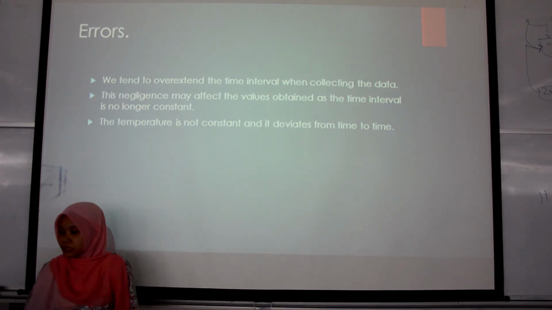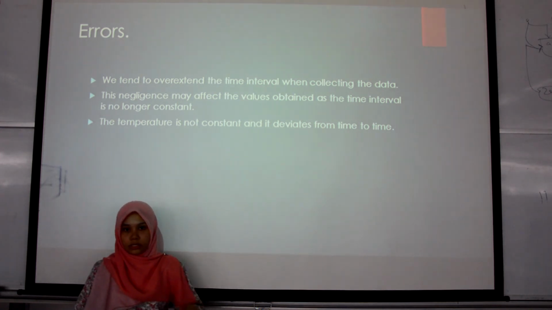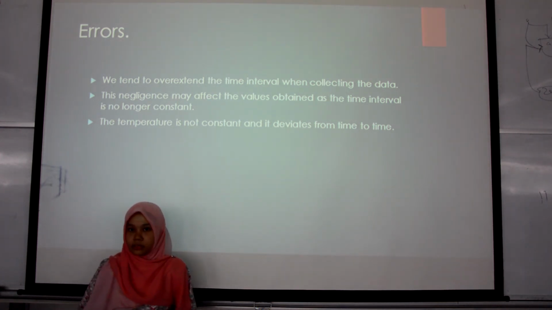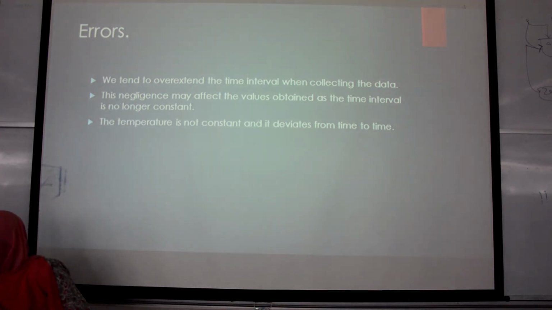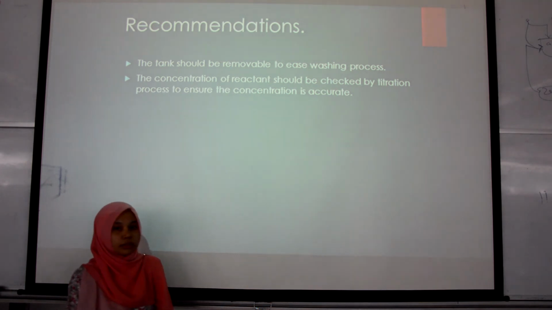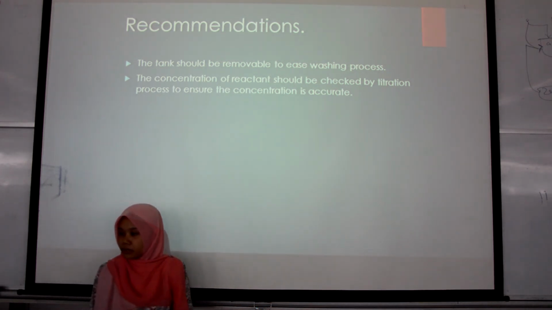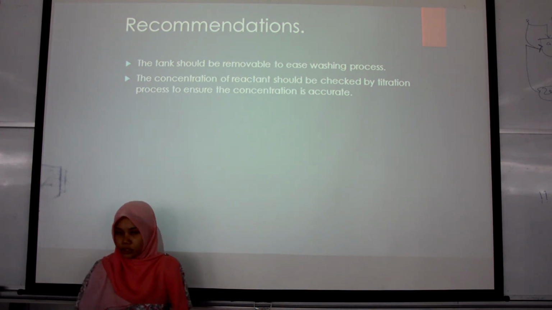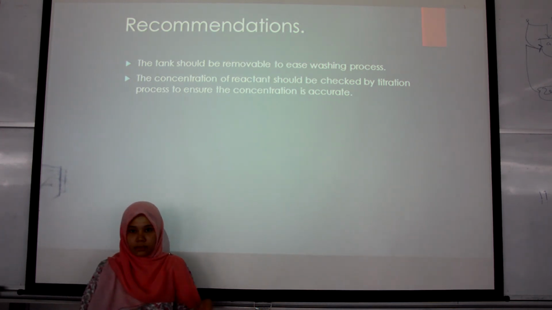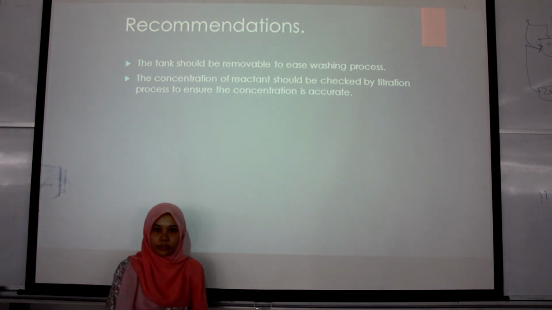The second one is that the temperature of the reactor is not constant from time to time, and this will also affect the result. So my recommendation is that the tank should be removable to ease the washing process, and the second one is that the concentration should be checked by titration so that it will be more accurate. That's all from me. Thank you.